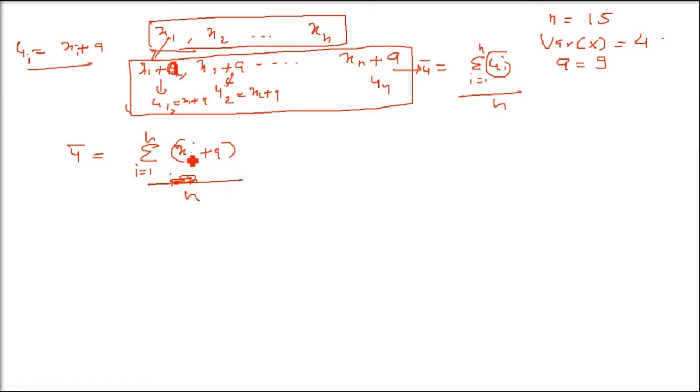Now let us try to make it simpler. 1 by n you can take outside, it is not along with this. Now I am taking sigma inside.